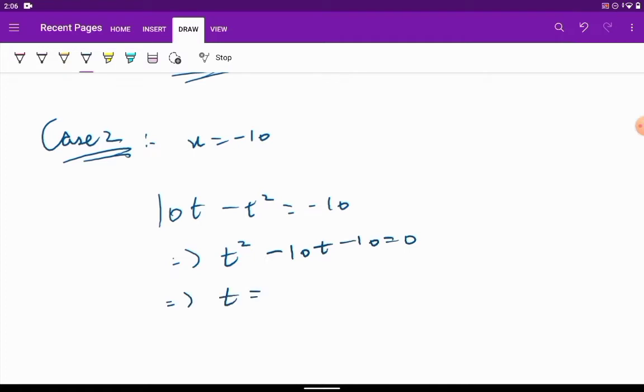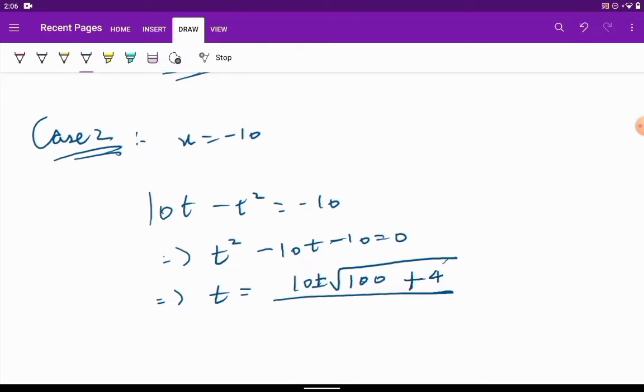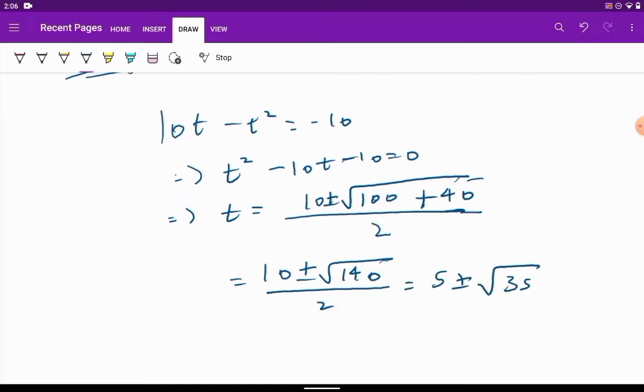T equal to minus b plus minus root over b square minus 4ac, already there is a minus, so minus 4ac becomes plus, divided by 2a, 10 plus minus root over 140 by 2, so becomes 5 plus minus root over 35.